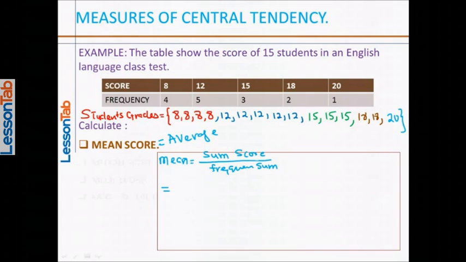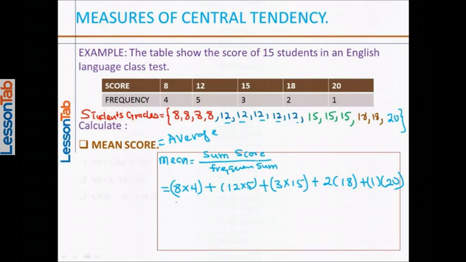So we can easily say that the sum of the scores will be 8 times 4, plus 5 students who got 12 on that exam, so times 5, plus 3 students who got 15 points, times 15, and so on, plus 2 students who got 18 points, plus 1 student who got 20 points.